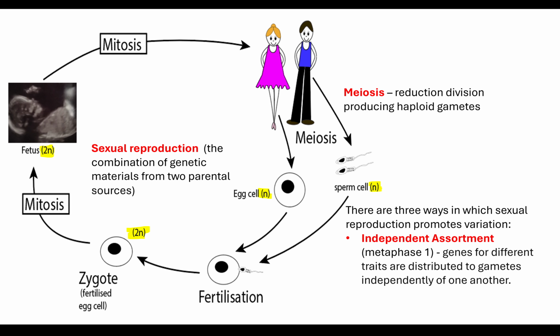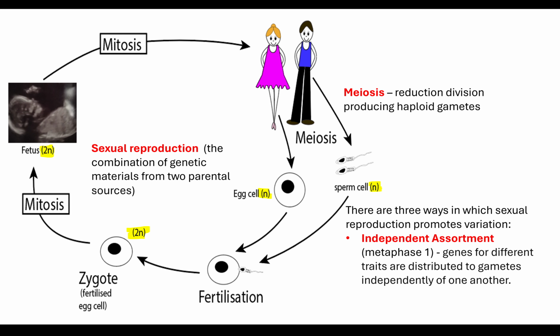But what's actually happened is through the process of meiosis, during metaphase 1, the way in which those chromosomes lined up at the equator, that independent assortment, resulted potentially in the variation within the species.